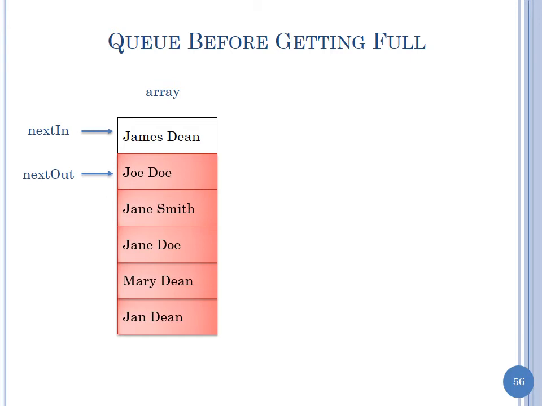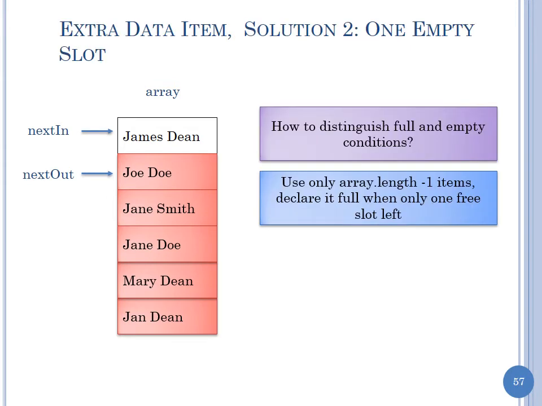So in solution 2, we keep one empty slot and use only array length minus one items, and declare it full when only one free slot is left. If the buffer element is large, not just a pointer but some kind of struct in C, then the size solution is better. I personally like the size solution. I find it easier to code.